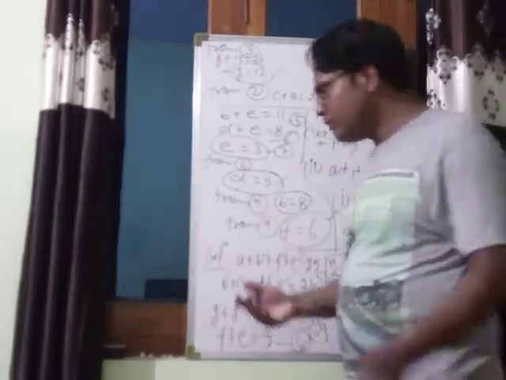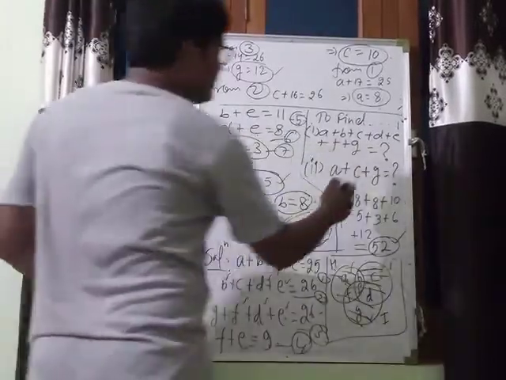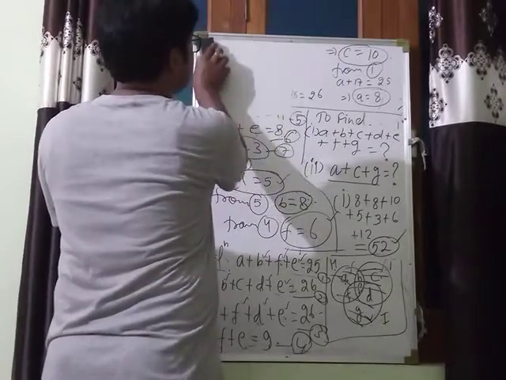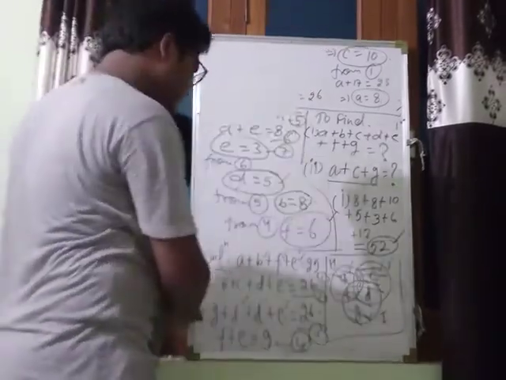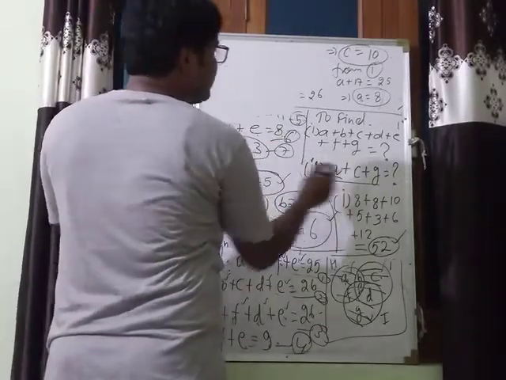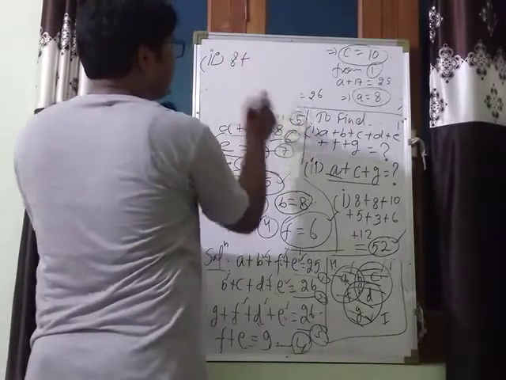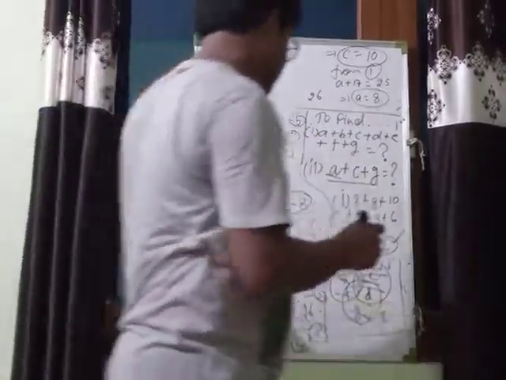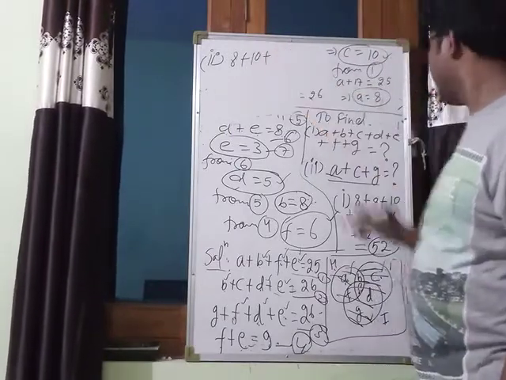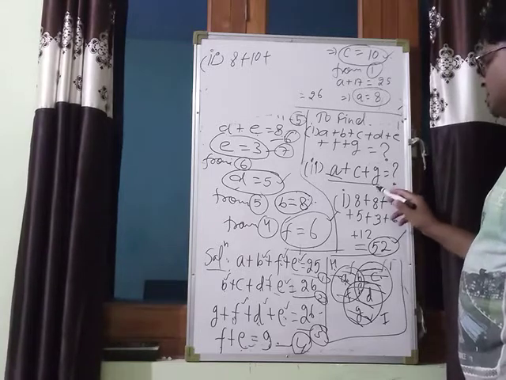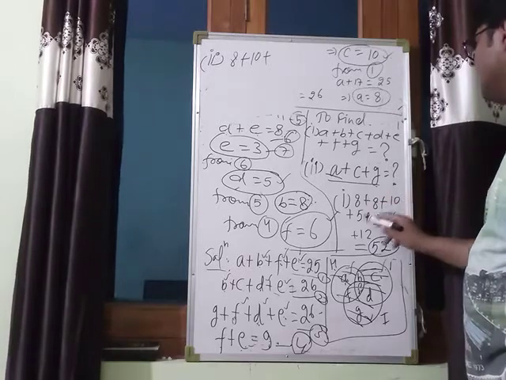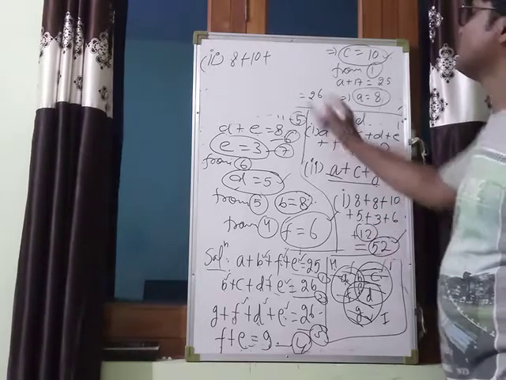What will be the answer of the second one? The second one is this one: A plus C plus G. A is 8, the value of C is 10, and the value of G is 12.